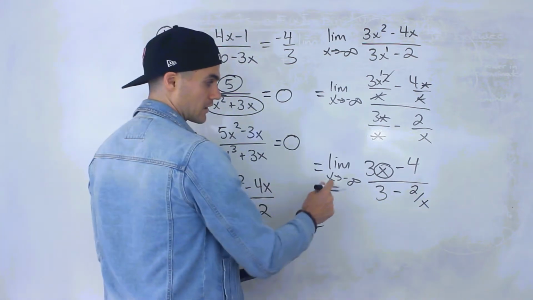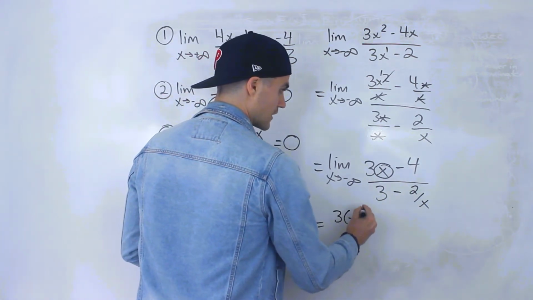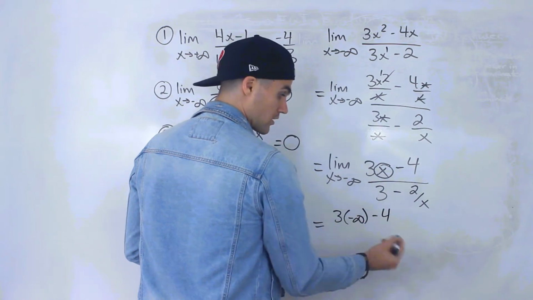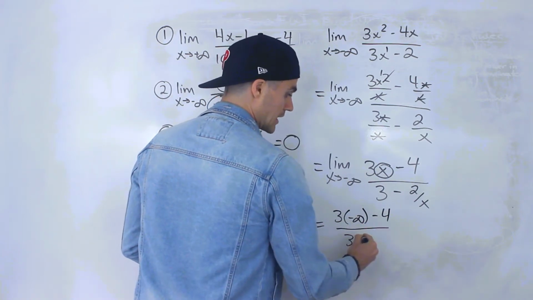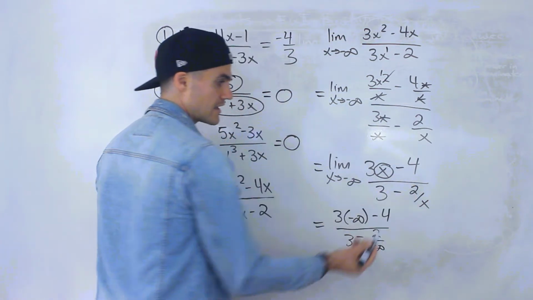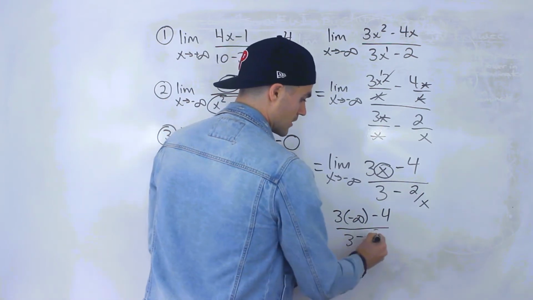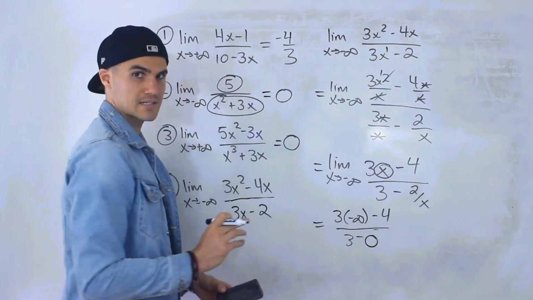So let's make this substitution. We're going to have 3 times negative infinity minus 4 over 3 minus 2 over negative infinity. And we know that this is going to equal 0. We don't have to write this out. Let's just write 0. But this I'm going to write out for now just because it's a little unique.